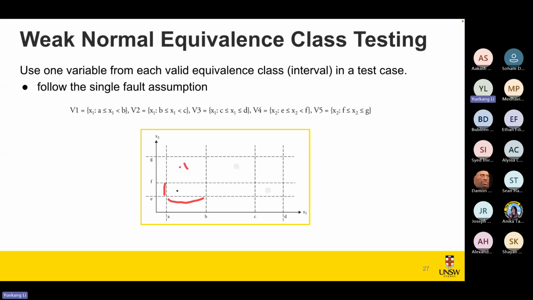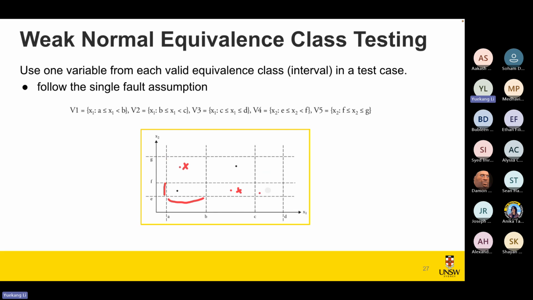No, right? Because we have already covered A and B for x1. And shall we put it here? Also no, right? Because we have already covered E and F for x2. So what we need to do is put it here, because we just need one variable to cover one case. And for the last one, we have to have some redundancy because all the value ranges for x2 have been taken.